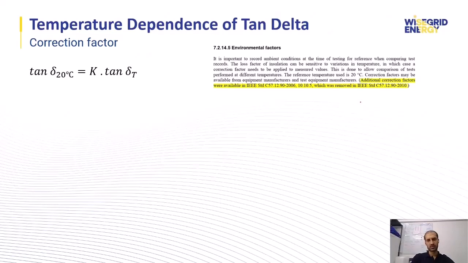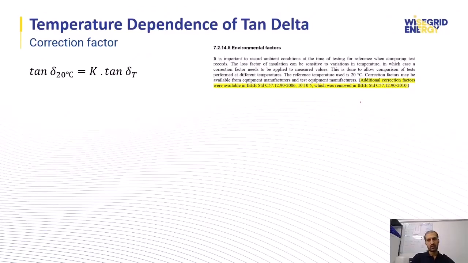In all the standards, such as the previous version of IEEE C57.12.90, correction factors were provided to adjust tan delta values measured at higher temperatures, for example 50 or 60 degrees, back to 20 degrees for comparison. For example, if you test a transformer at 30 degrees, you would apply a temperature correction factor to convert the result to the 20 degree reference, and in periodic tests we can compare the tan delta value at 20 degrees.